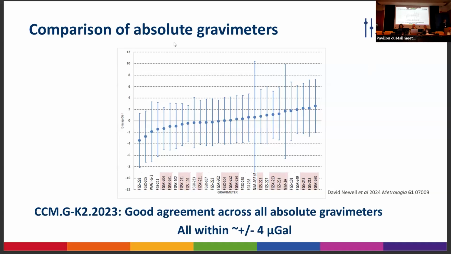There was a key comparison in 2023 that was piloted by NIST, and the agreement amongst all of them is pretty good. Some of the ones here that don't have an FG5 on them are quantum or atomic gravimeters. The agreement has been within plus or minus 4 microgal, so it's pretty good.